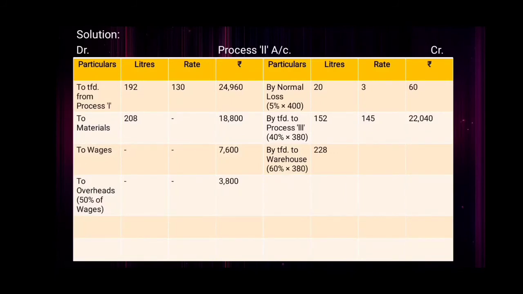So the liters amount will be 228 at the rate of 145. So the total amount will be 33,060. Now let us take total of both the side. Liters will be 400 and total amount will be 55,160.